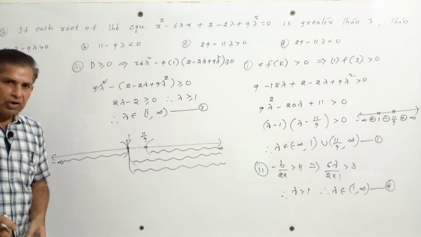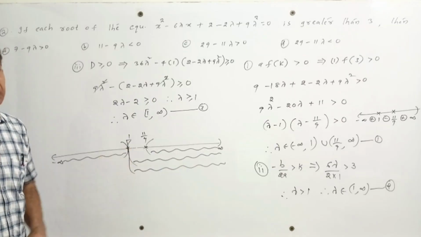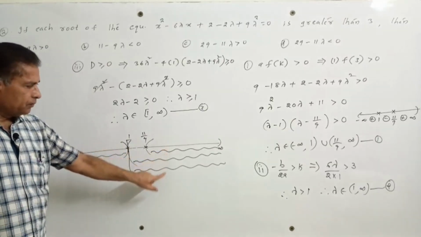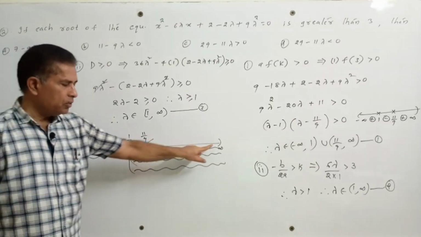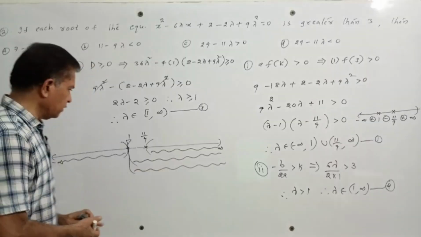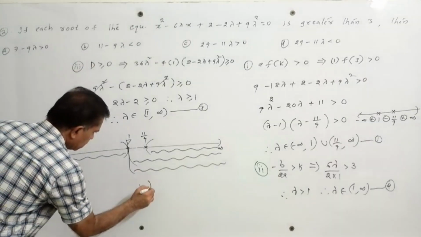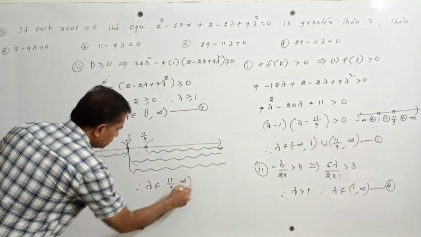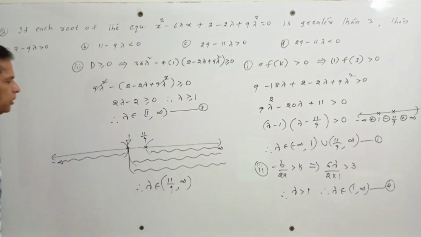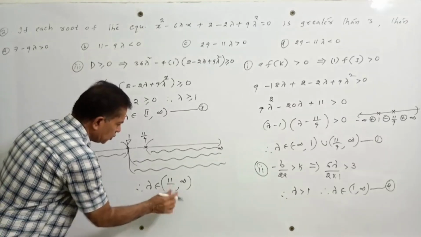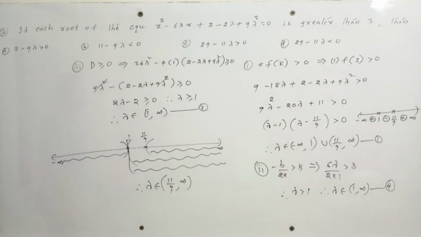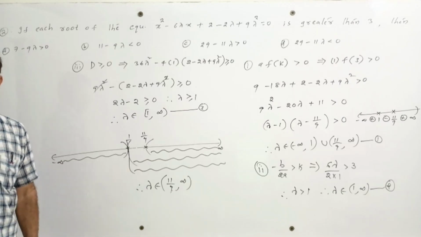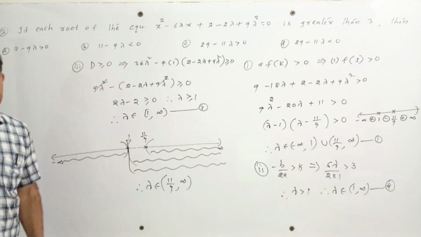So all the three conditions are satisfied in their common interval. See the common interval for these three, that is from 11 by 9 to plus infinity. Therefore, lambda belongs to the interval 11 by 9 to plus infinity, 11 by 9 is open. But in the options he did not give it like that.